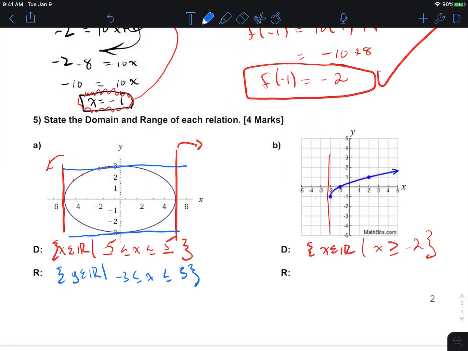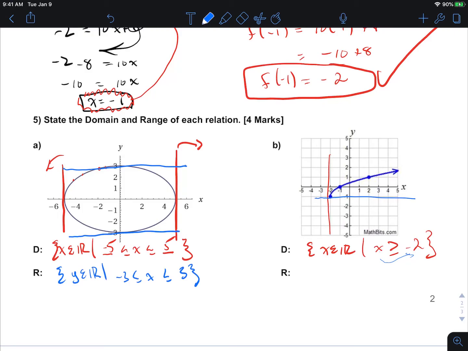If you wrote that such that -2 is never going to be greater than or equal, would that be wrong? Like I wrote it the same way, but backwards. So you're saying x is less than -2? No, I put the -2 first and the x after.